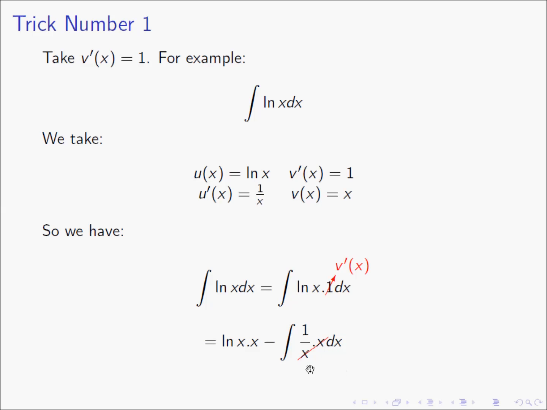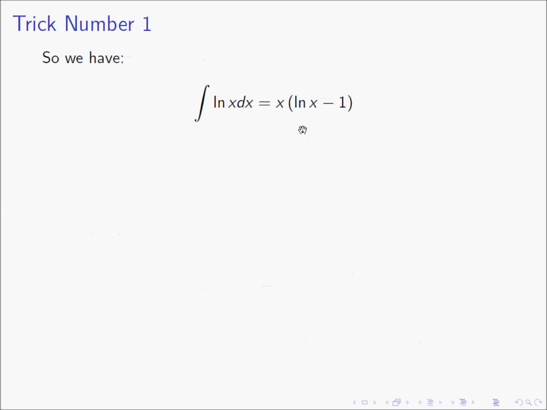So we can cancel the x here, and we get that the original integral equals this difference. And here we have the integral of dx. The integral of dx is simply x. So we have this equation, and this is the answer.